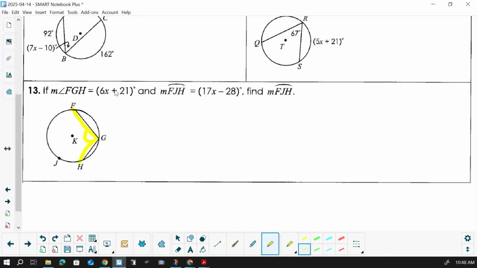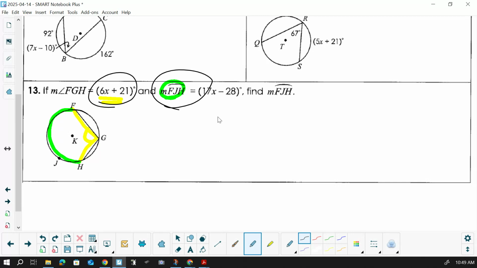The angle is right here. And then I've got arc FJH, which is this. The way those relate to each other, this is the angle, this is the arc. So we're going to do the same thing.